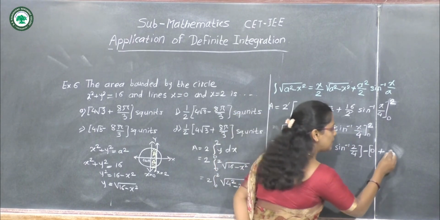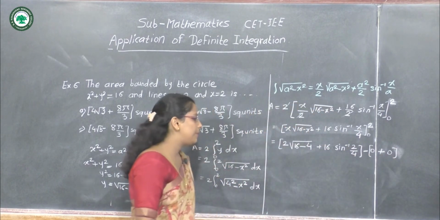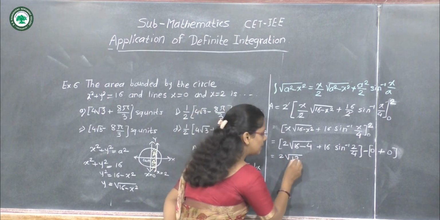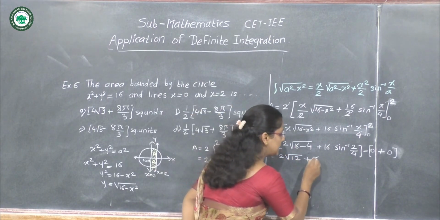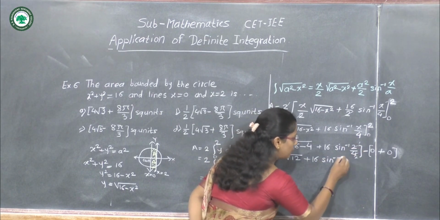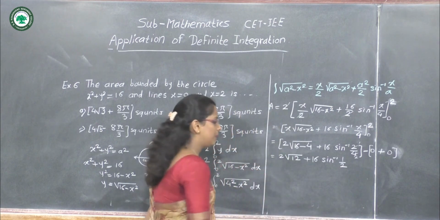Sin inverse 0 is 0. The lower limit becomes 0. 2 into square root of 16 minus 4 is 12, plus 16 into sin inverse 2 upon 4, 1 upon 2.